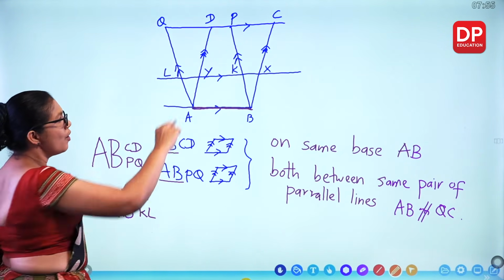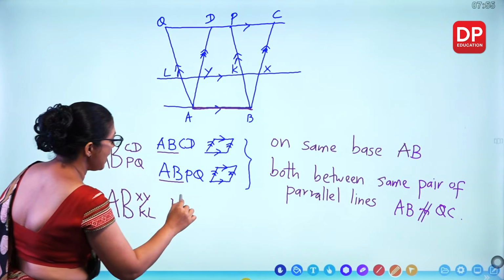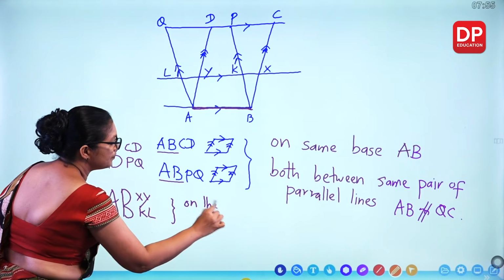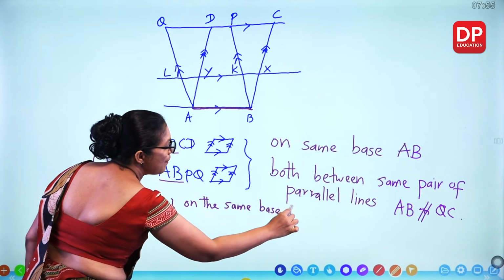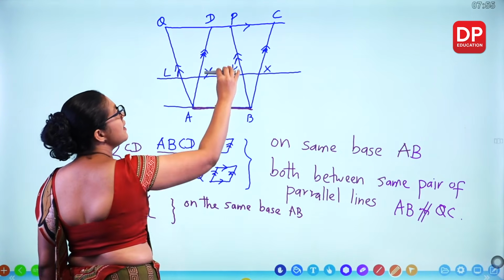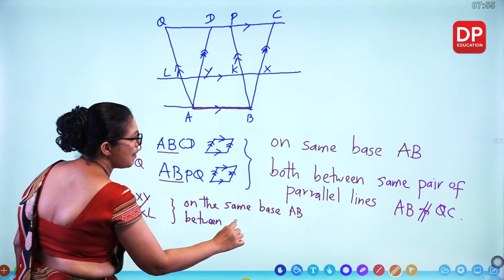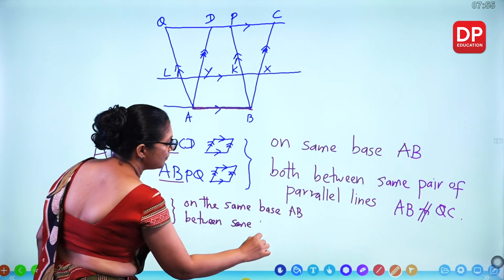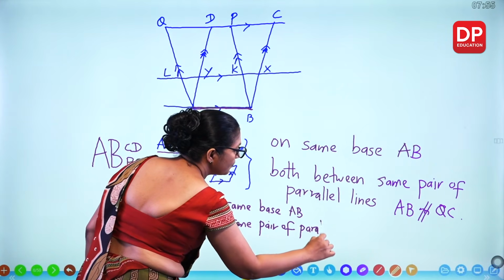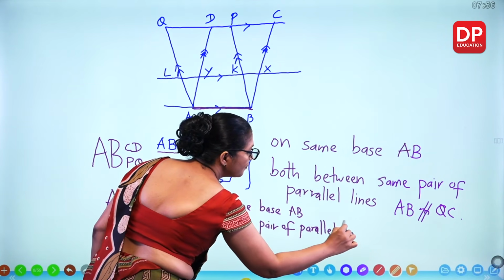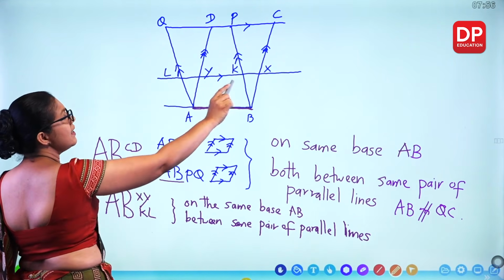Same as before. We can say both on the same base AB and between the same pair of parallel lines AB and LX now.